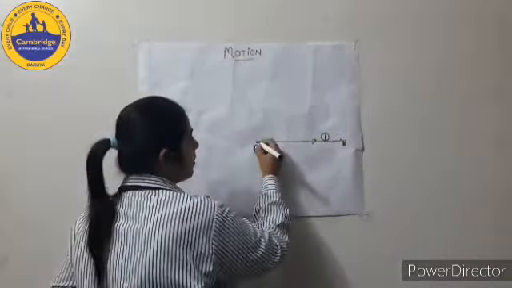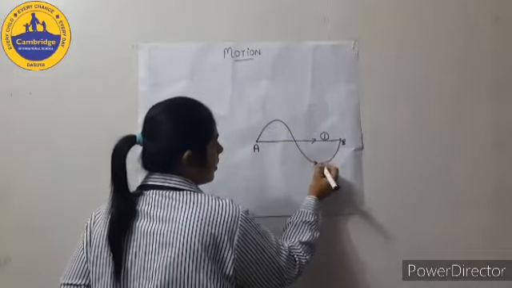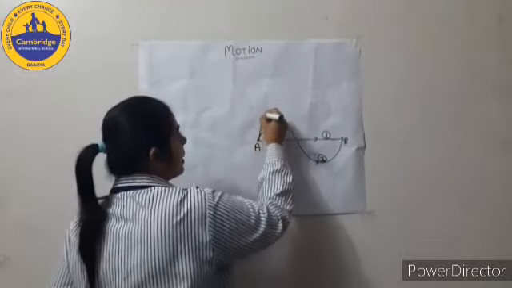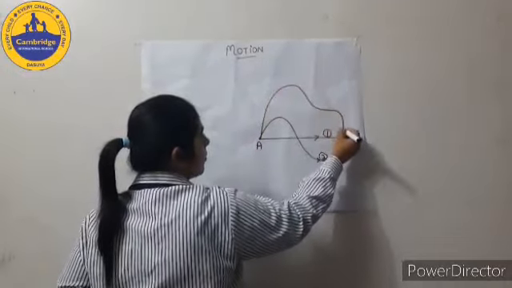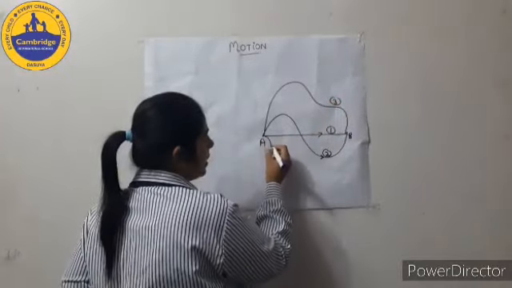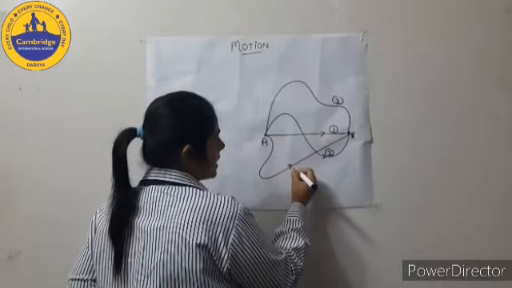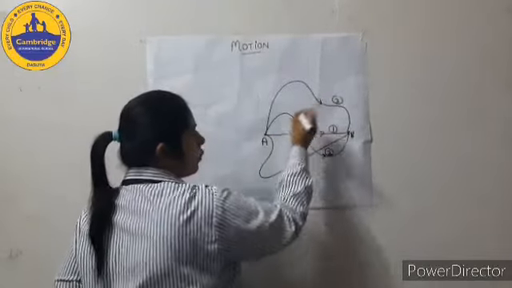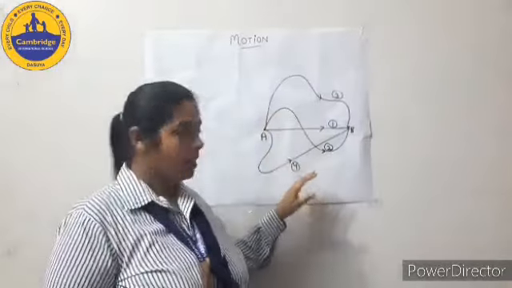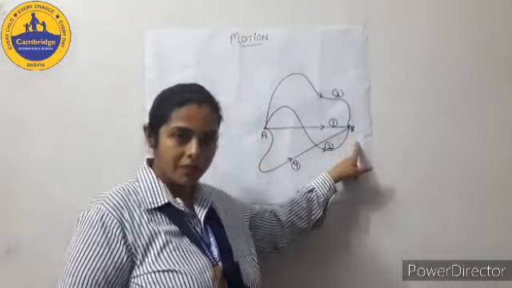It can be a path like this. Let's say this is path number 2. It can be a path like this. Let's say path number 3. Or it can be a path like this. Let's say this is path number 4. So these are the 4 different paths to reach from position A to position B.